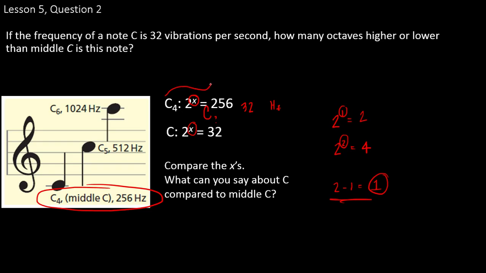You're doing the same thing here. Okay, so fill in the information, solve for x for each, compare the x's, and you'll be able to answer how many octaves higher or lower the middle C is. The higher or lower part, notice that as the hertz double and grow in size, our notes are going octaves up. As our numbers shrink in size, our octaves are getting lower.